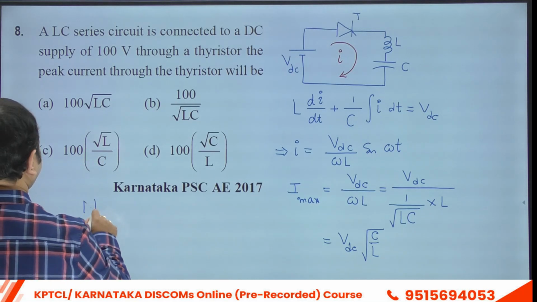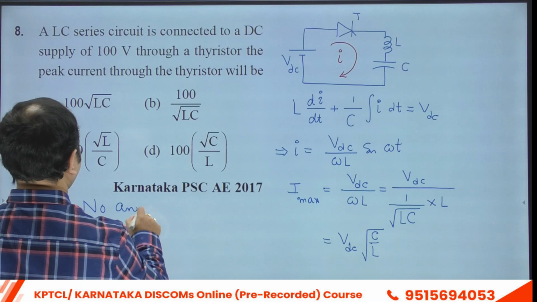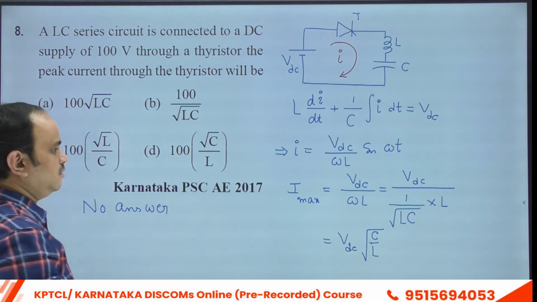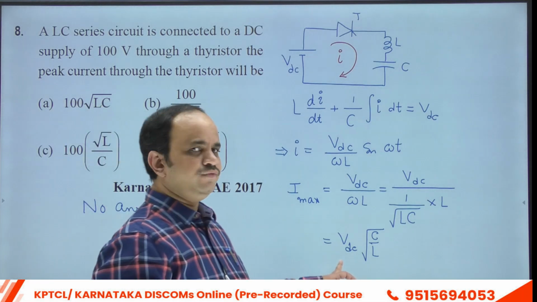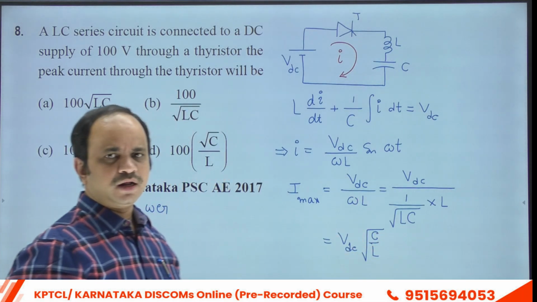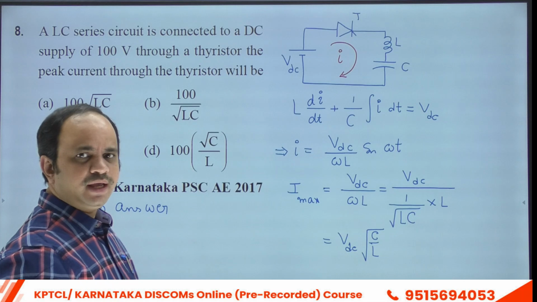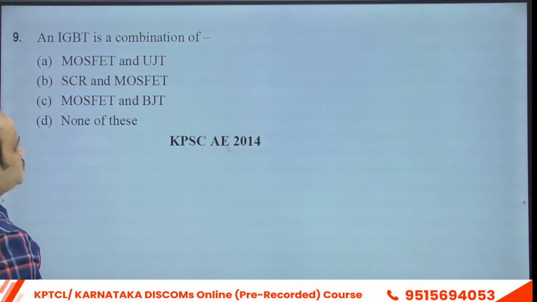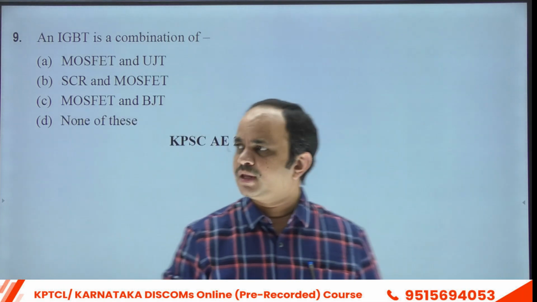So for this question I can say no answer. But the correct answer here is VDC into under root C by L. Next, let us look into the next question.